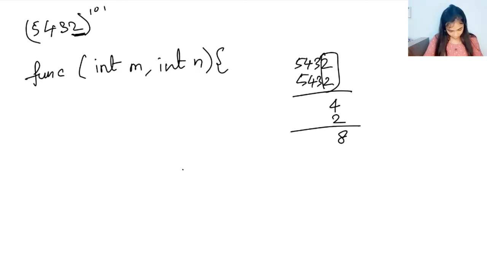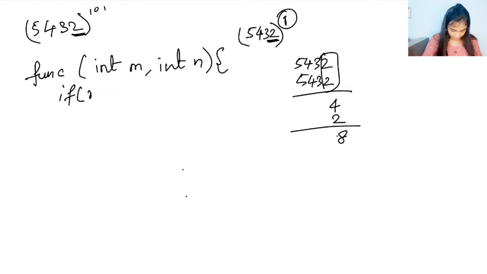So now what we are going to do is, first we're going to find out what the base case is going to be. Base case is when we're trying to find the value for, let's say, 5432 power 1. Alright, so when n is 1, the answer is 2. That is the last digit.